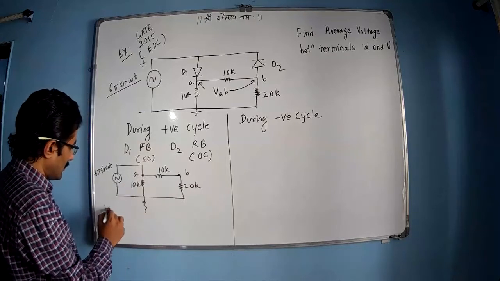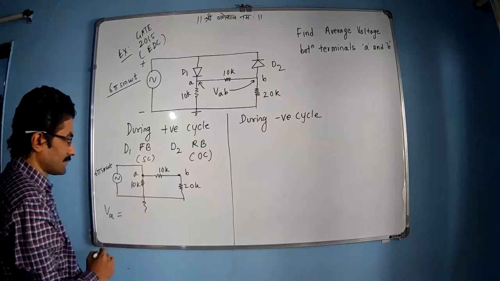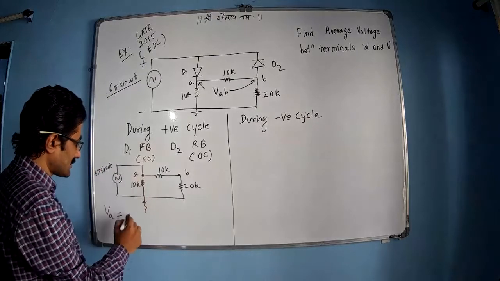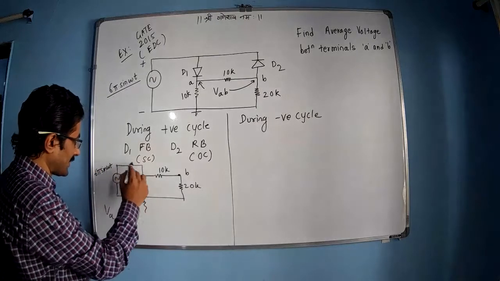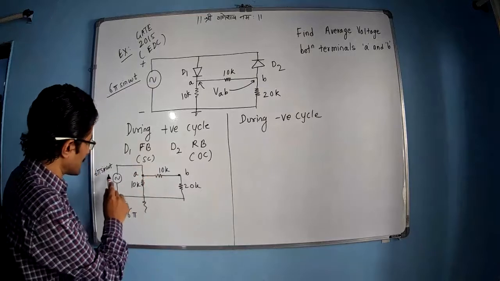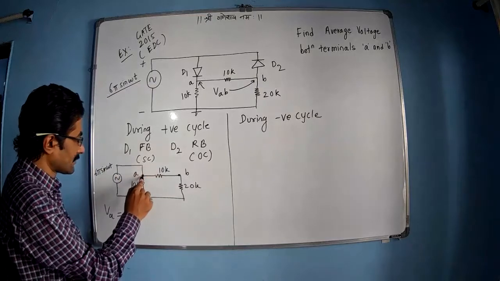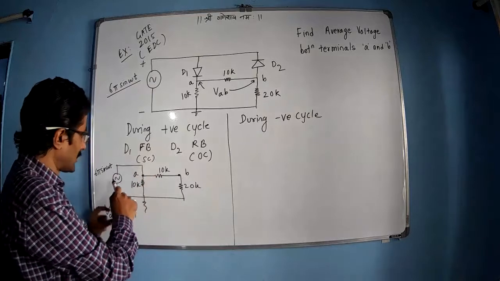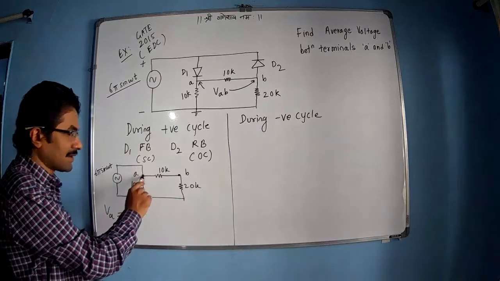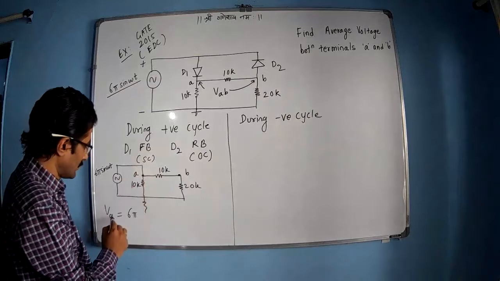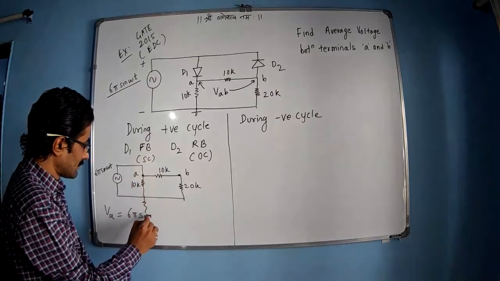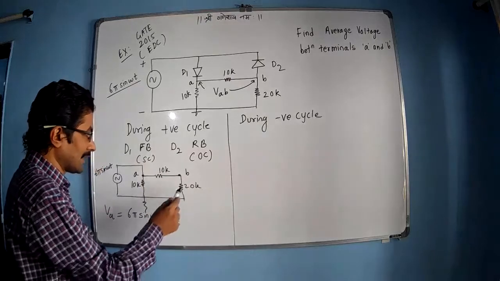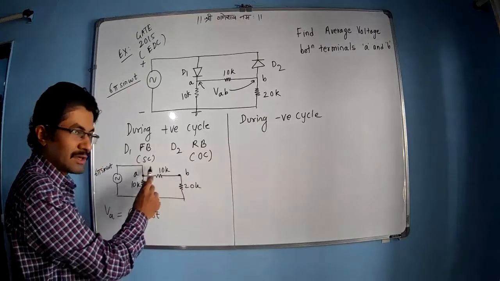Your VA will be the same as that of the input, because there is no resistor present. Whatever input we are providing, the same will appear at A. So VA will be 6π sin ωt, and VB will get divided according to these resistors.